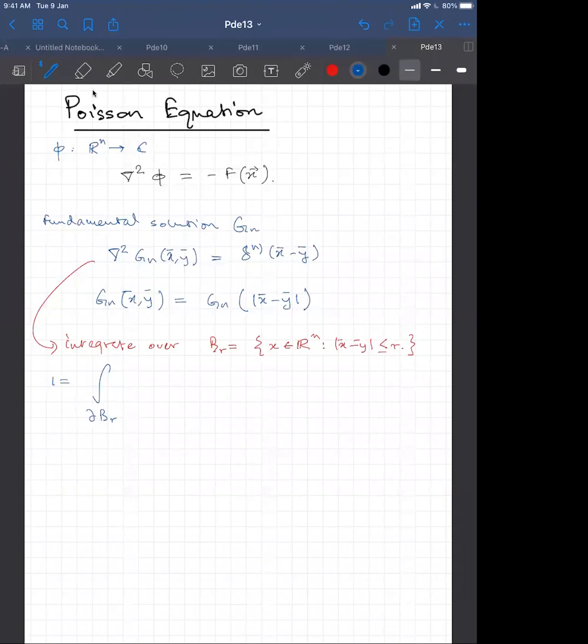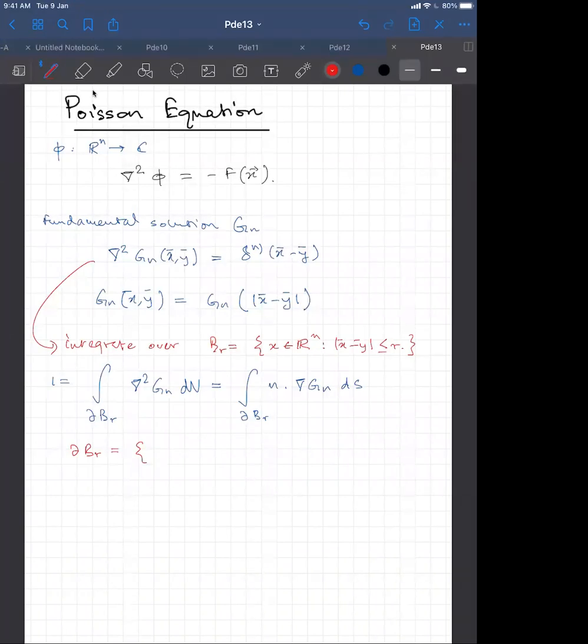So the integral of del squared Gn dV, which is equivalent to, using the divergence theorem, equal to the integral over del BR of n dot del Gn dS, where del BR now is the boundary sphere.